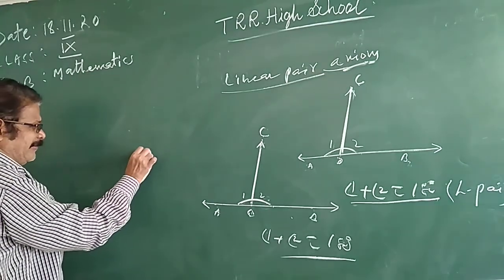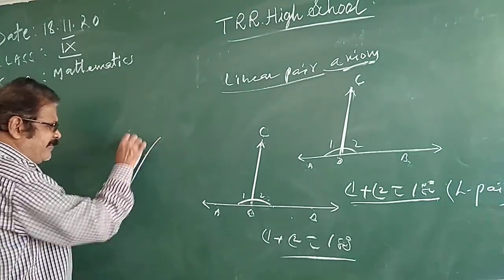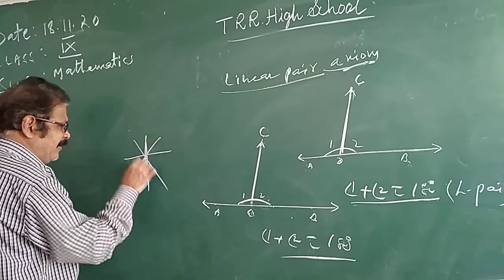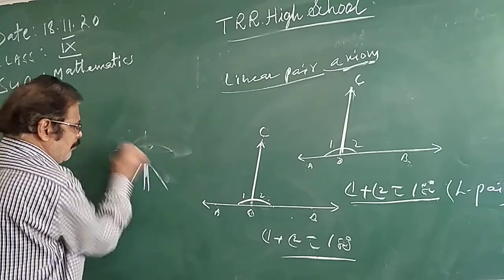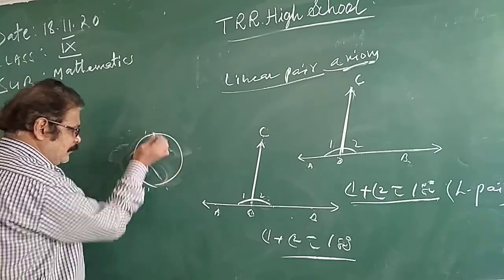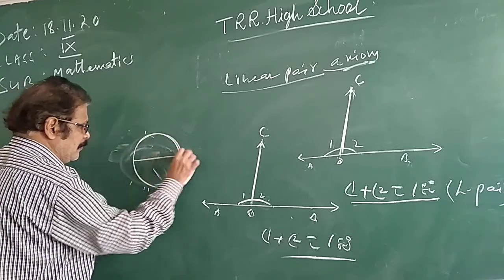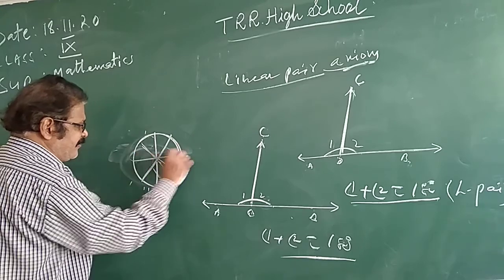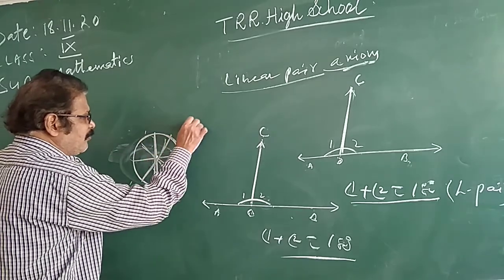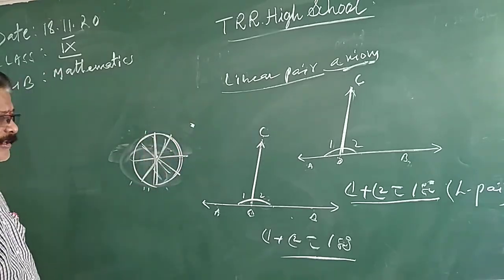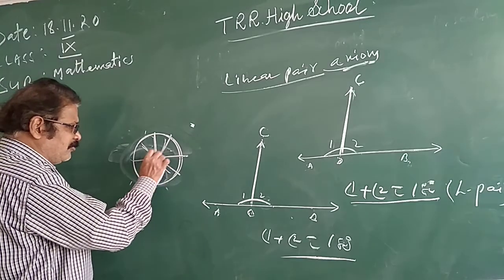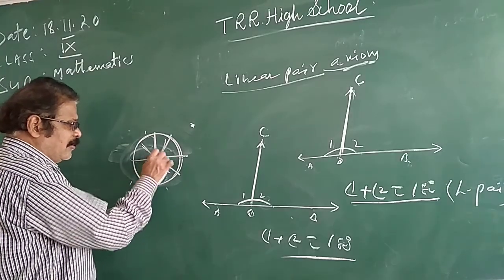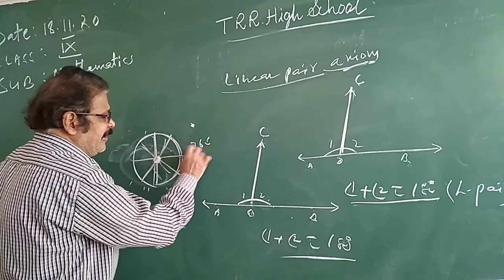Angles at a point. See, around these angles formed here, all angles around the center, like this. The angles composed around this O, around the circle, are 360 degrees.